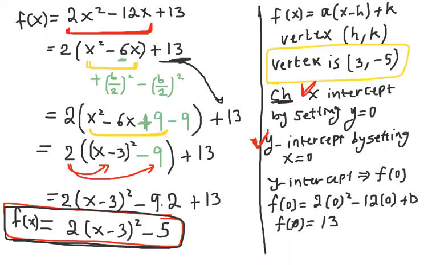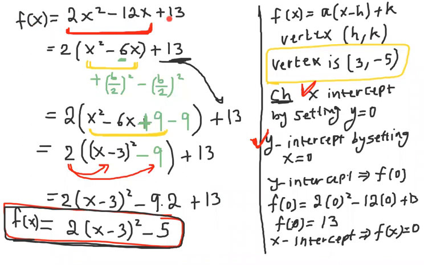Now for the x-intercept, by setting y equals 0, or f of x equals 0. When f of x equals 0, I can use the standard form, because this is the same as the quadratic function f of x equals 2x squared minus 12x plus 13.